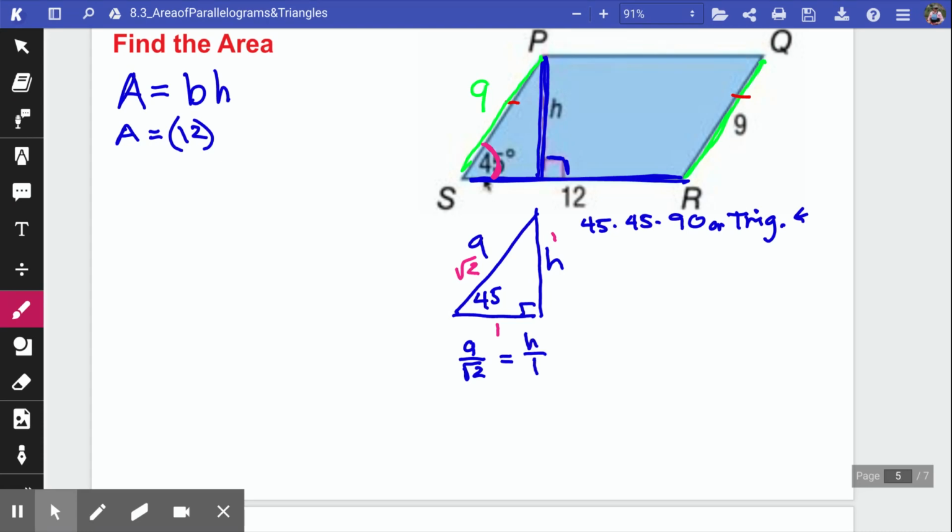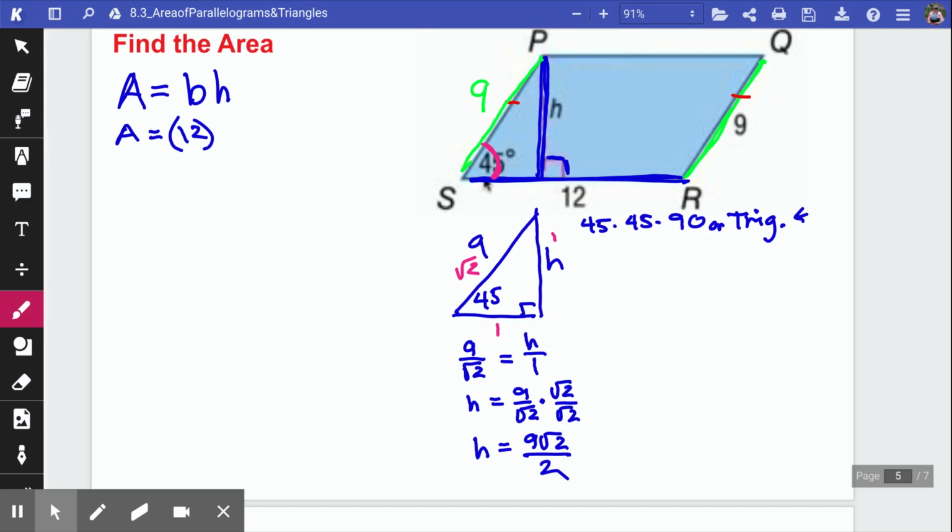Then I can just do my cross multiplication, and I end up with h equal to 9 over the square root of 2. We don't like that square root of 2 in the denominator, so we have to simplify that radical, and I get h equal to 9 square root of 2 over 2. Okay, so there's one way.